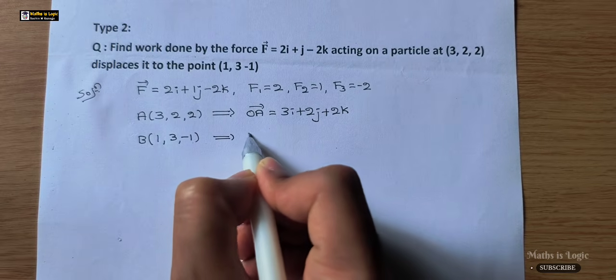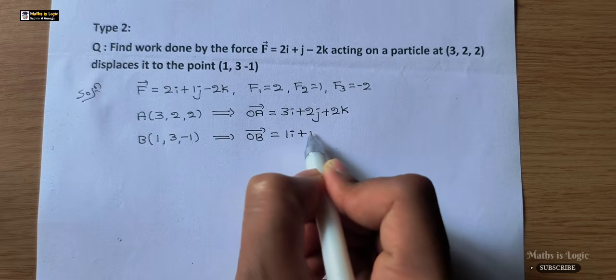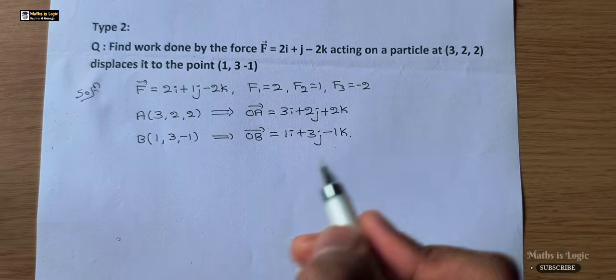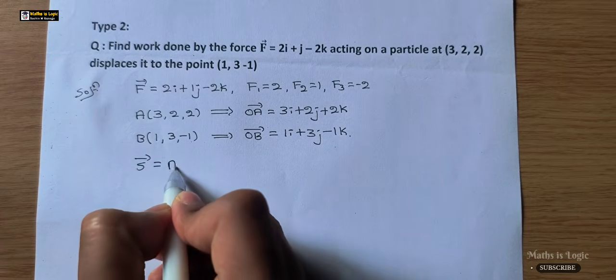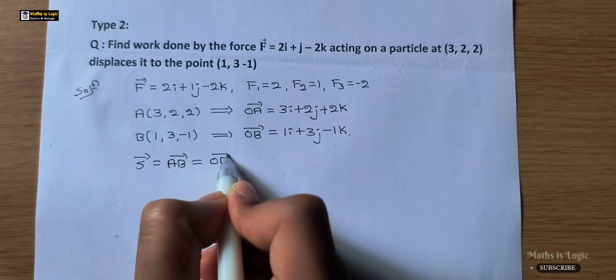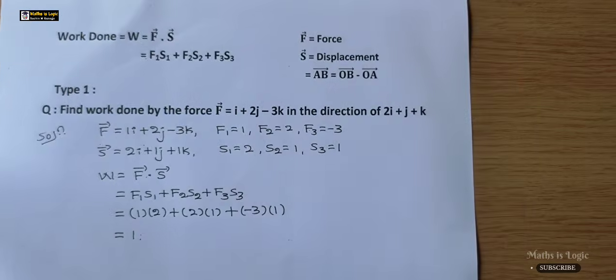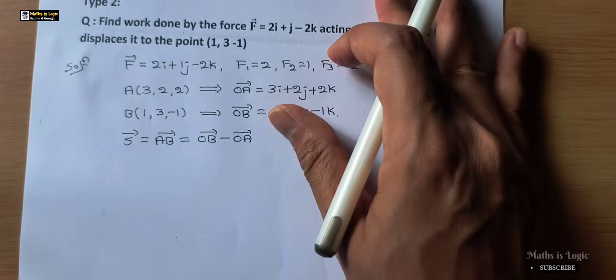So it implies that write the position vector OB vector is equal to 1i plus 3j minus 1k. Now we need to find first S vector. S vector is given by what? AB vector, and AB vector is given by the formula OB minus OA vector. Correct? Here S means AB. AB is OB minus OA vector.